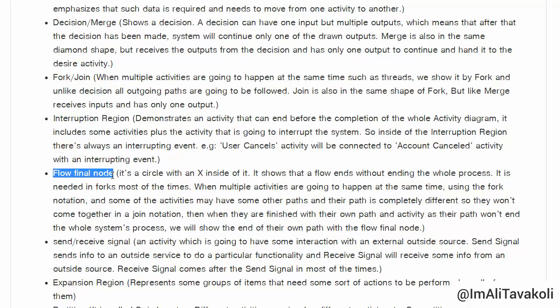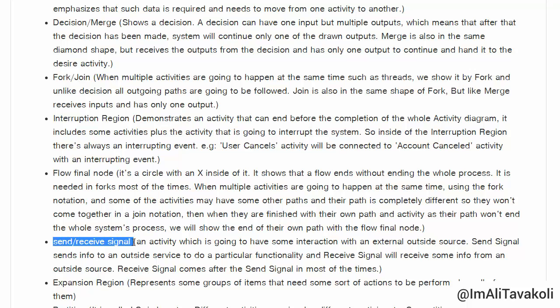When some of these activities don't come together in a join notation, and their own path is going to end for itself, and by ending those paths our main activity flow is not going to end, then we show the end of those paths by the flow final node.